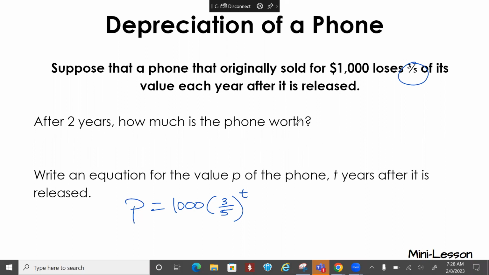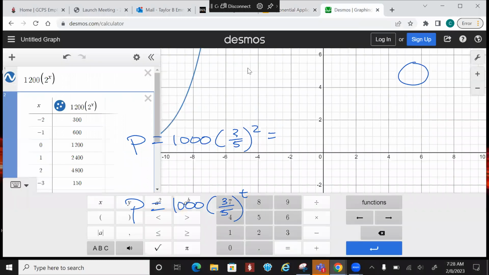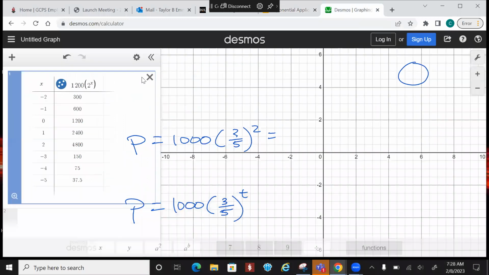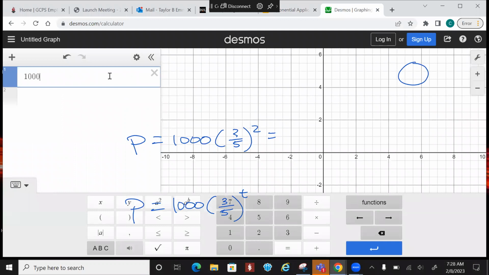Now, this is asking us after 2 years, how much is the phone worth? So what we're going to do is plug 2 in for t. And then we're going to go into Desmos and type that in.